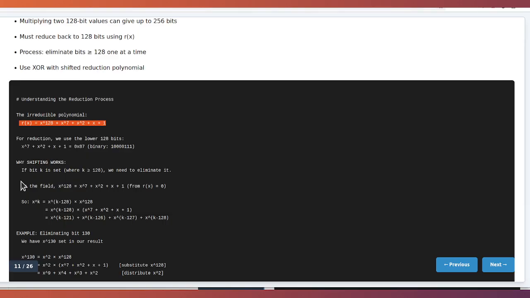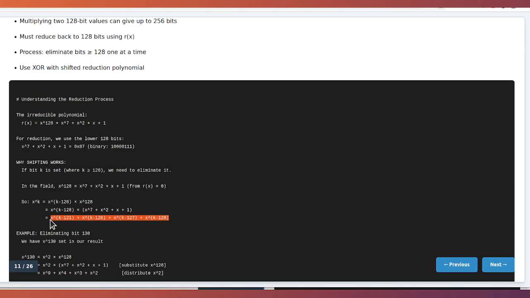This then equals x to the k minus 128 times the quantity x to the 7th plus x squared plus x plus 1. Distributing this gives us x to the k minus 121 plus x to the k minus 126 plus x to the k minus 127 plus x to the k minus 128.